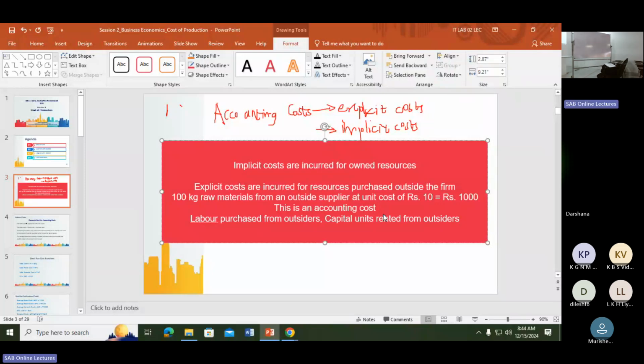Also, we can call them explicit costs. Labor purchased from outsiders, capital units rented from outsiders, they are explicit costs.